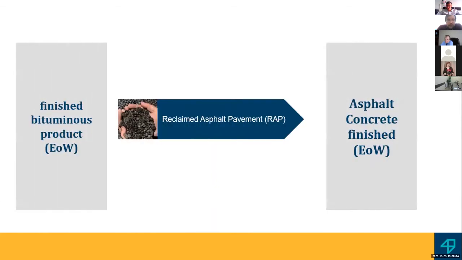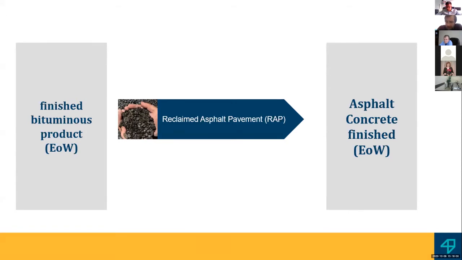For example, the next step is to use this finished product and the RAP, the reclaimed asphalt pavement, which contains a percentage of aged bitumen, to create a new concrete asphalt that could be used to pave new streets.